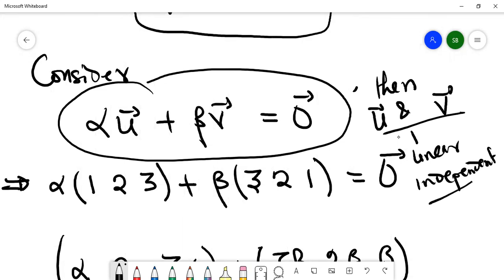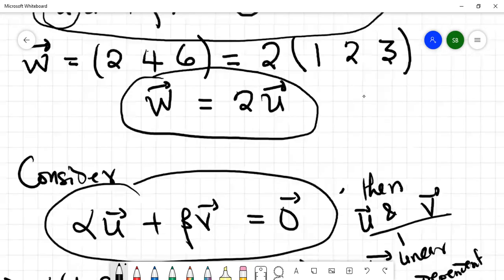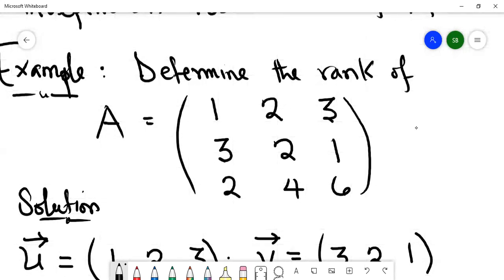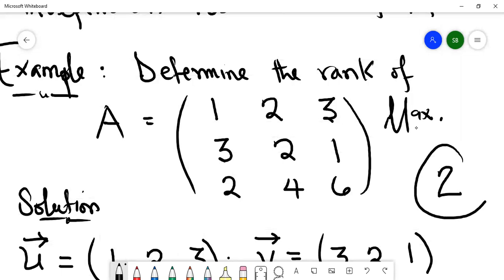Since they are linearly independent, what then do we conclude? The conclusion is that the maximum number of linearly independent vectors for this matrix is 2.